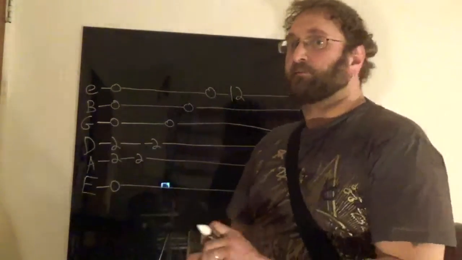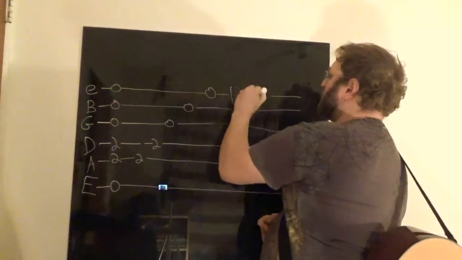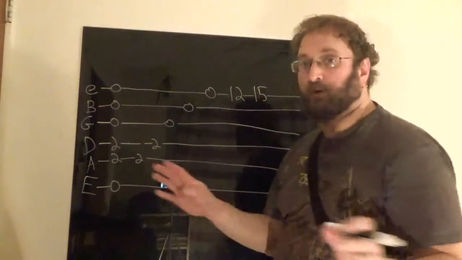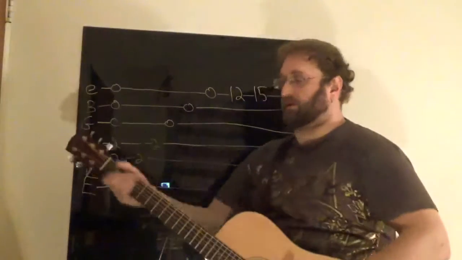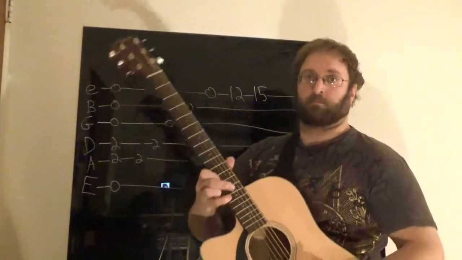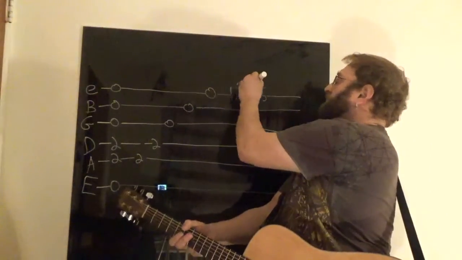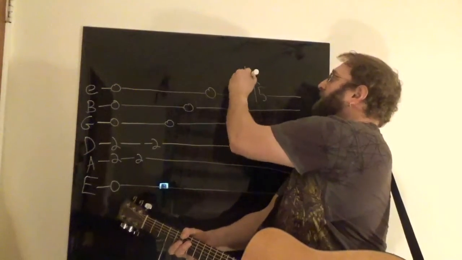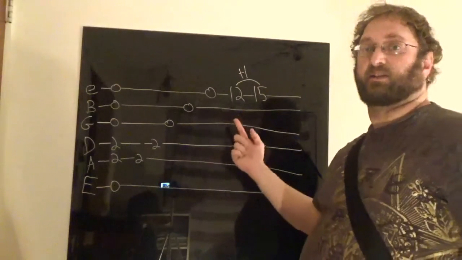Now, the next thing is, let's say we get into doing stuff like, let's say, a hammer-on. So we're going to go 12, 15. We want to hammer on from 12 to 15. Okay, so we're going to go. So all it does here is it just puts a little thing here and an H. So the H just shows you that it's going to be a hammer-on.